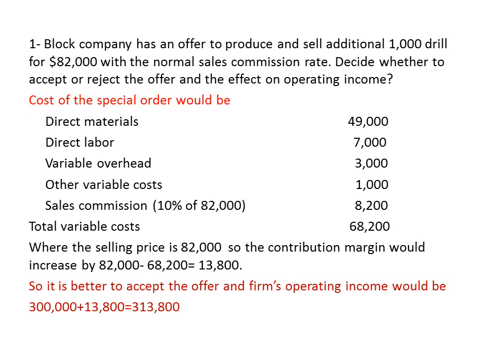The sales revenue from that offer is 82,000, so the contribution margin would increase by 13,800 from producing such an offer. So it is better to accept that offer, and the firm's operating income would increase by 13,800, and it would be 313,800.